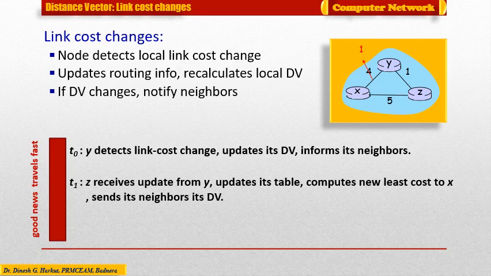At time t1, Z receives an update from Y and updates its table. It computes a new least cost to X, which in our case has decreased from 5 to 2, and sends its new distance vector to its neighbor.